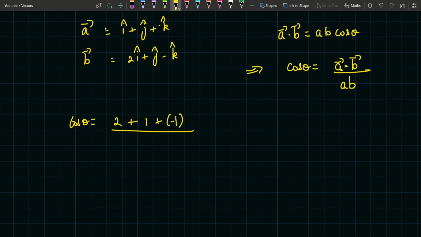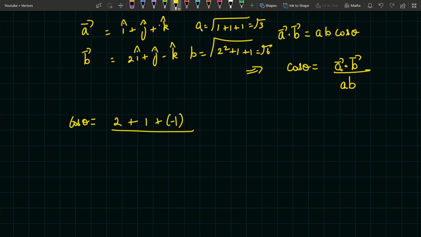So here A will be equal to root of 1 square plus 1 square plus 1 square, that will be root 3, and B will be equal to root of 2 square plus 1 square plus 1 square, that will be 4 plus 2, root of 6.